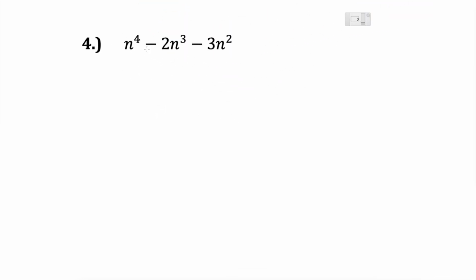Okay, n to the 4th minus 2n to the 3rd minus 3n squared. So for our coefficients, 1, 2, and 3, there's no greatest common factor for the coefficients here. But for the n terms there is. I can take out a maximum of n to the 2nd out of this trinomial.